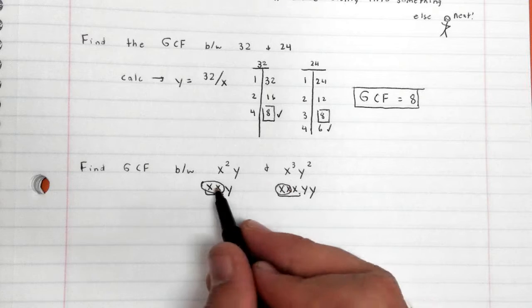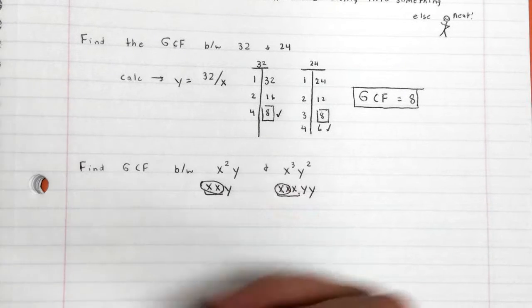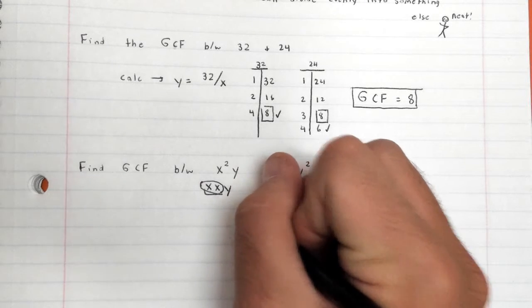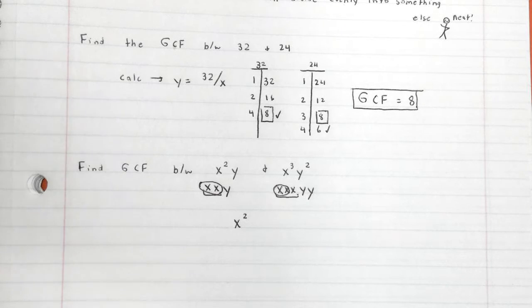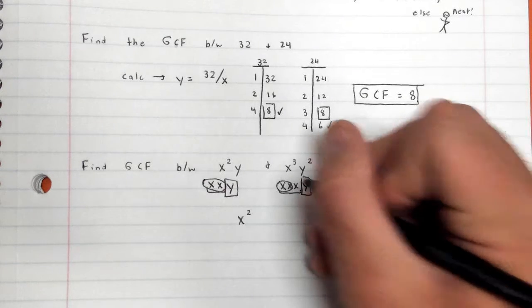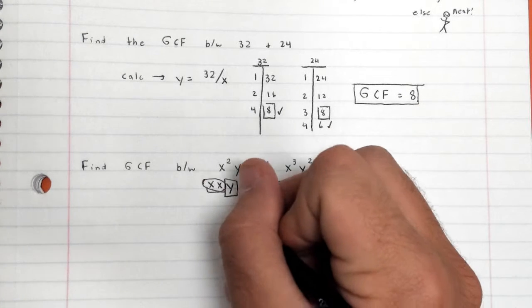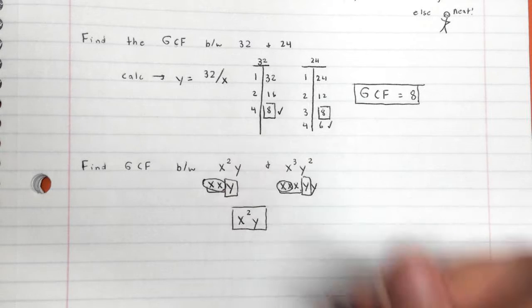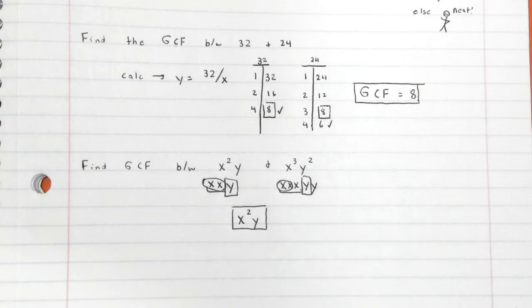The largest amount that they both have in common is 2. So part of my GCF is x squared. The largest amount of y's that they have in common is just 1. So my GCF is x squared y. Again, greatest common factor is just the biggest variable and number that could go in evenly to both of my things I'm looking at. So, crash course on GCF.